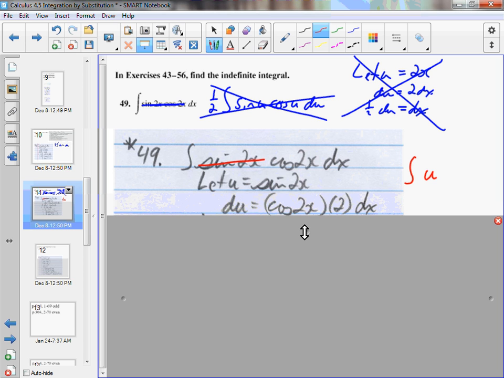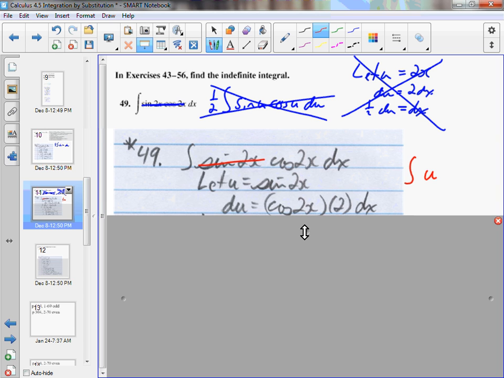So it's the cosine of 2x times 2, or 2 times the cosine of 2x, dx. Now, this is kind of weird, because months ago, if I'd asked you what's the derivative of the sine of 2x, that would have been an easy problem. But we've done so much since then that it's like, okay, derivative or antiderivative?